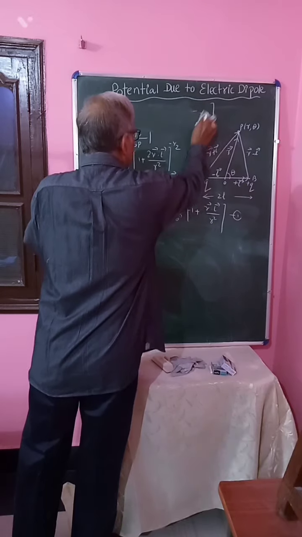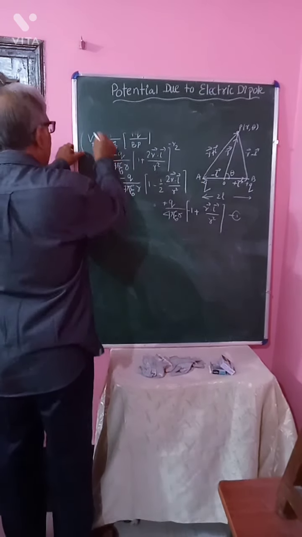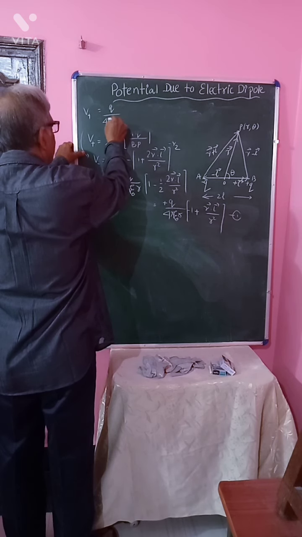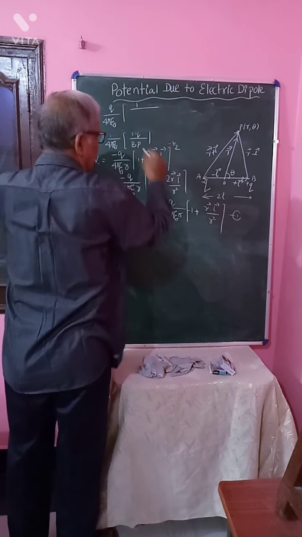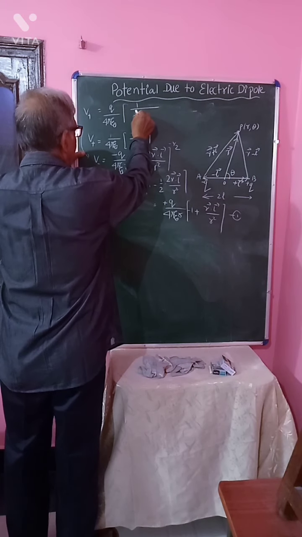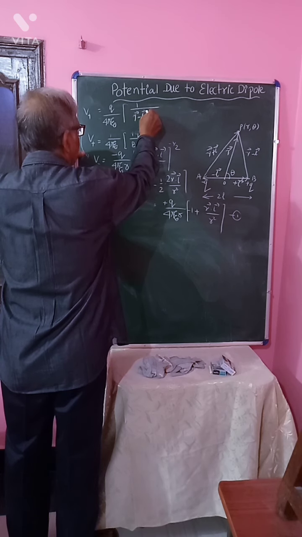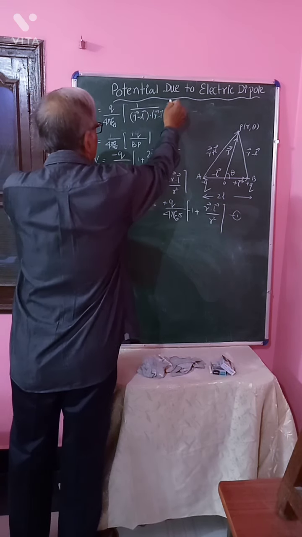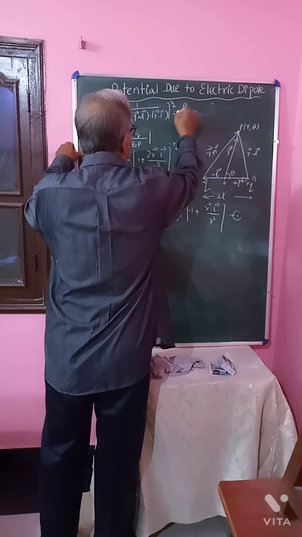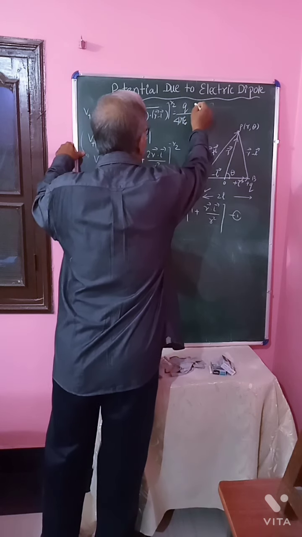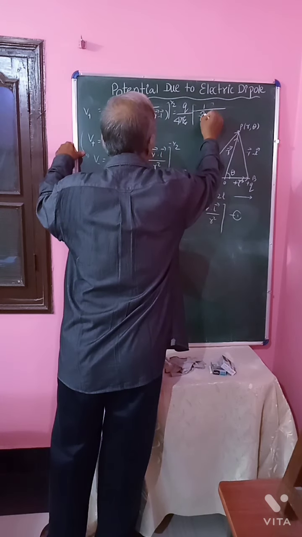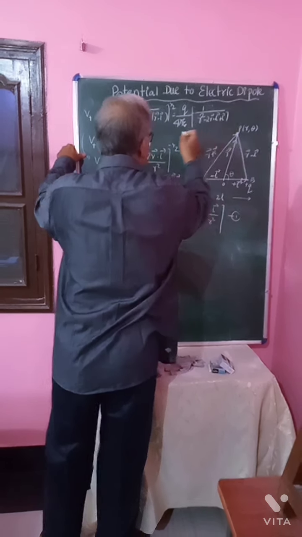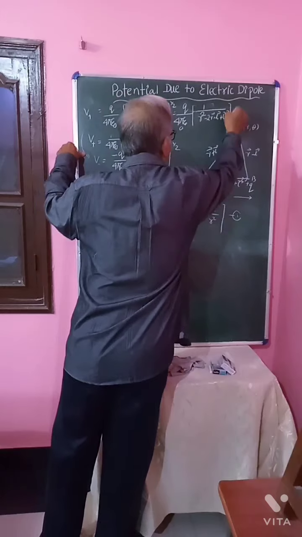Now similarly, if you expand the expression for potential due to the positive charge plus Q, it is V plus, Q by 4 pi epsilon 0 times 1 by BP, that is, the modulus of vector R minus vector L, to the power half: Q by 4 pi epsilon 0 times (R square minus 2 R dot L plus L square) to the power half.